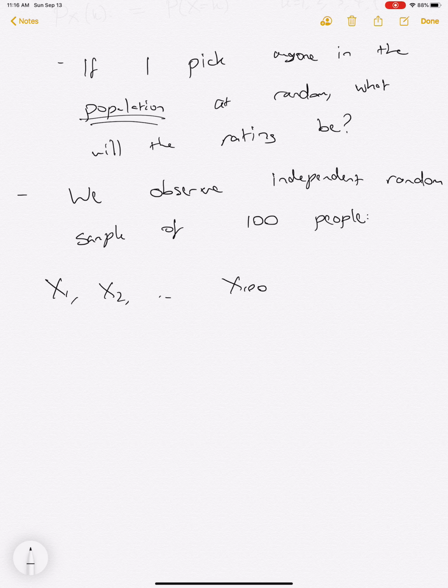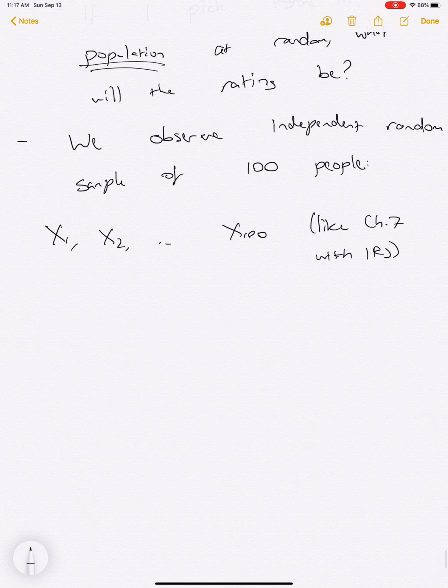You can think of this as being like the finite population setting, where we're drawing a sample, and each person in the population can vote 1 through to 5. So we're assuming we're in the independent random sampling setting where we have x1 through to x100. So it's like chapter 7 with IRS, and this is our sample data.